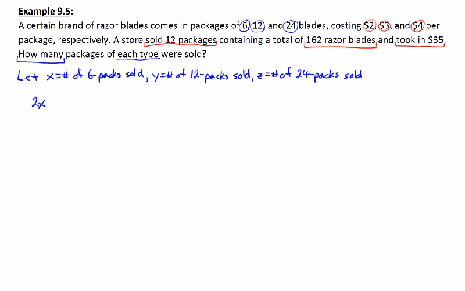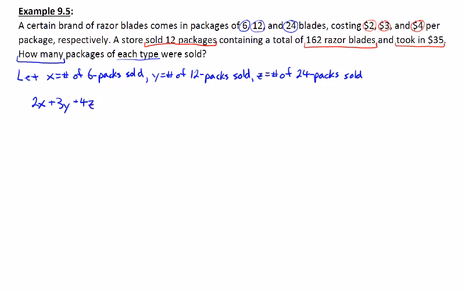That would tell me the total amount of money that was taken in from selling the 6 packs. I could do the same thing for the 12 packs, which are $3 per package, so 3 times the number of packages. And then same thing for the 24 packs, I'll have 4 times Z.